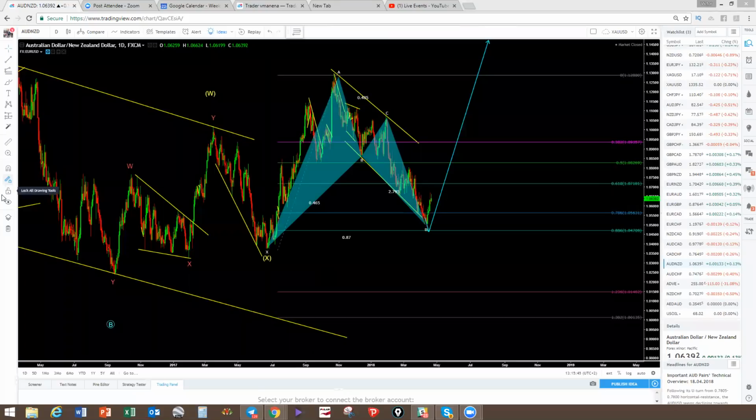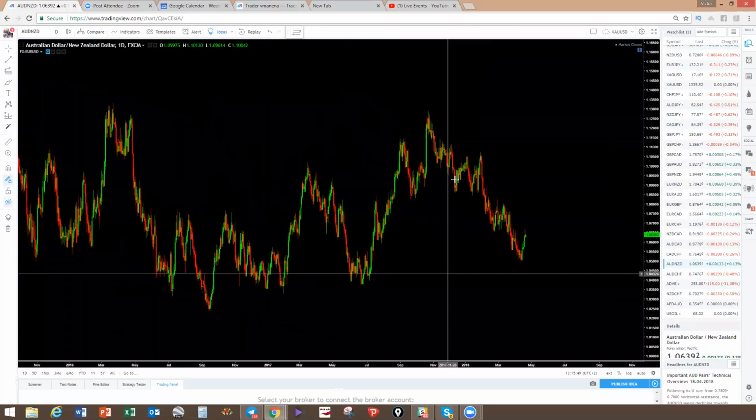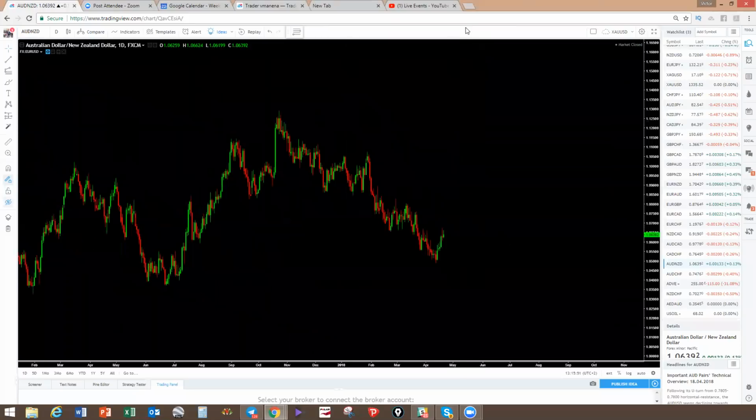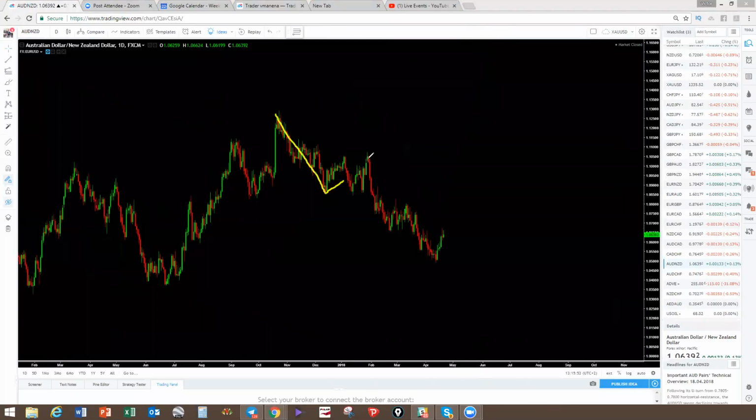EURAUD is my favorite pair. That's why it's always on my lips. Right, so let's look at this piece here. What has happened? 1, 2, 3. Internally, you can see these structures become very clear. 1, 2, 3. That's the lower degree. You see that the lower degrees fit snugly into the higher degrees. So here, you need to get a corrective flag to confirm upside.